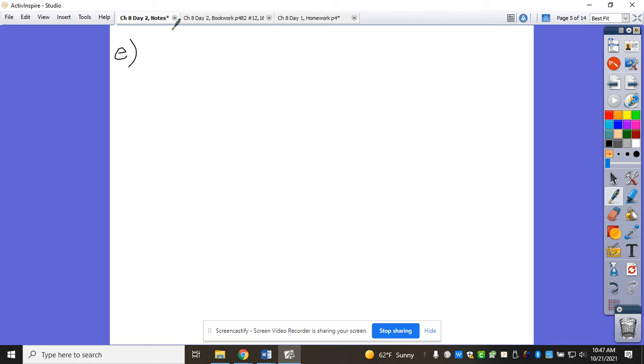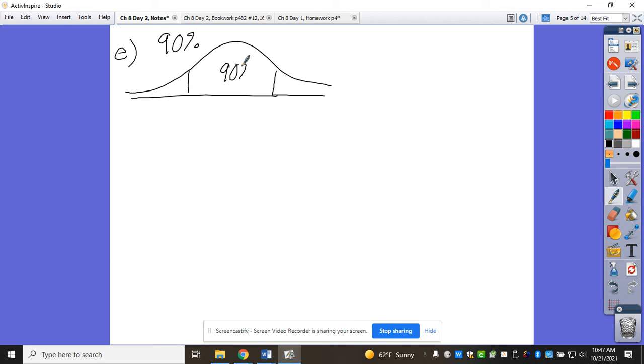What's the only number I need to know to find critical value? So I have my graph. How many lines do I draw? 2. One on the left, one on the right, centered. This part is 90%.